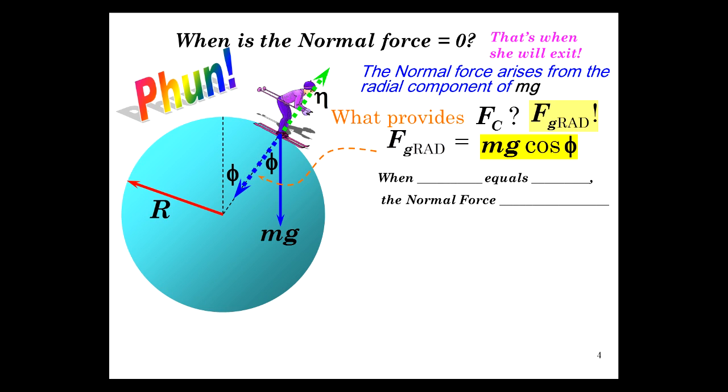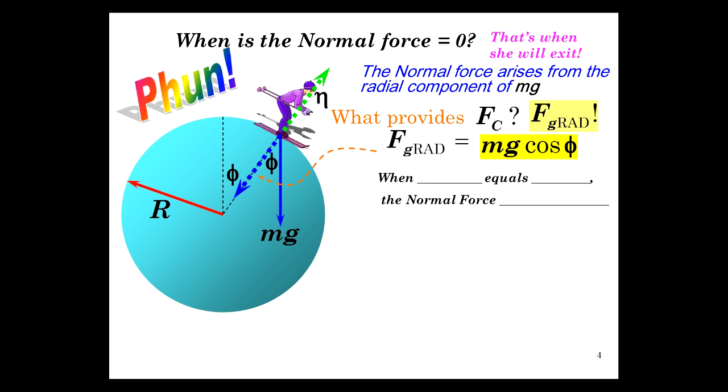Mg cosine of phi is the radial component. Now keep in mind that that radial component is maximum up here at position 1. And as you go around the snowball, mg cosine of theta is progressively approaching 0, and it'll be 0 here. So there will be no force of gravity trying to press the skier into the snowball. Therefore, the normal force goes from maximum to 0.